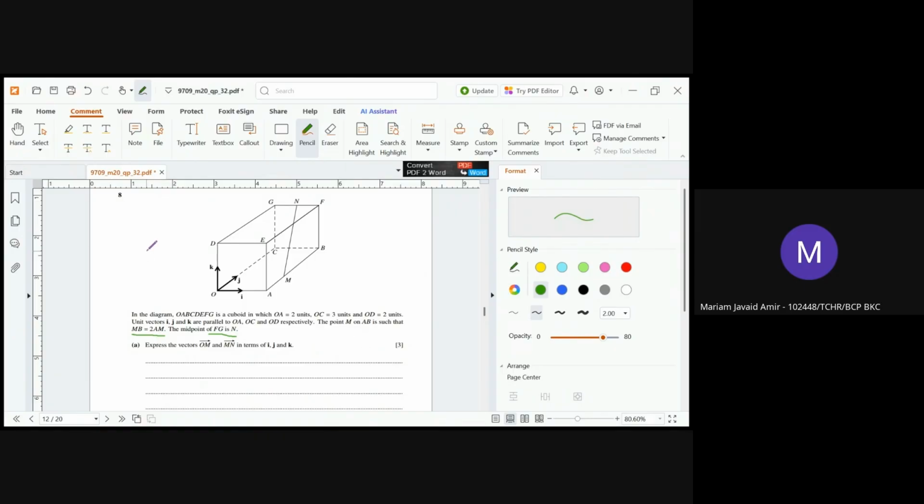All right. So if OA is 2 units, that means the vector OA is 2i. If OC is 3 units, that means this vector OC is going to be 3j. And since that's parallel to OC, that's also going to be 3j. So this full vector is going to be 3j.